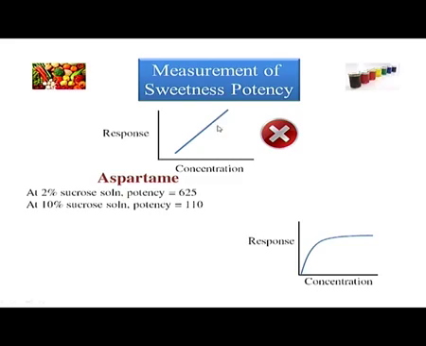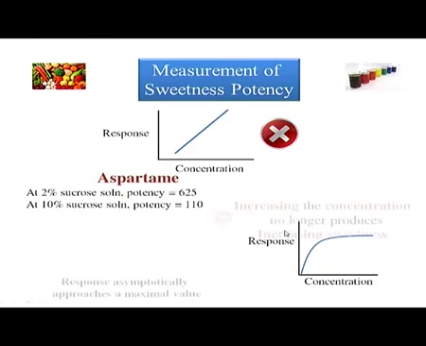You do not get this kind of linear response. Instead, like you see in this example, 2% sucrose solution would have a potency of 625 relative to aspartame, which means aspartame is 625 times sweeter in comparison to 2% sucrose solution, right. But when you take this measurement relative to 10% sucrose solution, potency decreases to just 110, right.